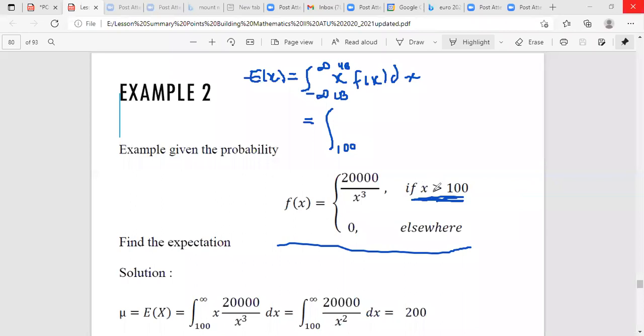Even though we are told x is greater than 100, we've not been given any value for which x is also less than. So obviously x goes all the way to positive infinity, which is the upper bound or the largest value in the domain.